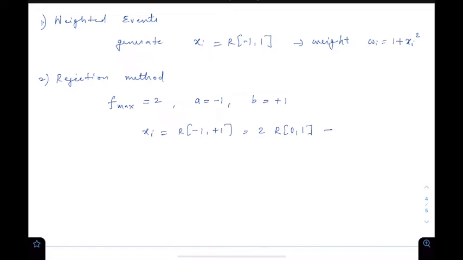Similarly, we generate R_i as a random number from 0 to 2, and this is again the same as generating a random number between 0 and 1, multiplying it by 2. And then the criterion for rejection is that we reject the point if R_i is greater than 1 plus x_i squared.